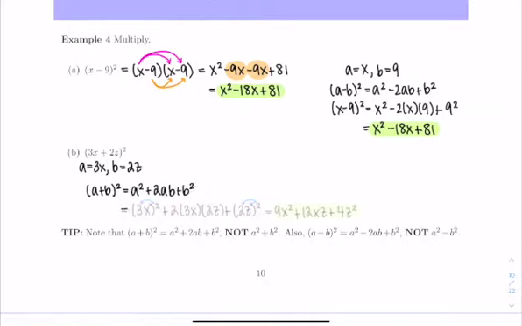So plugging in, we have (3x) squared plus 2 times 3x times 2z plus (2z) squared. Now you need to make sure you remember your exponent rules here. So that squared is going to get brought to both pieces.